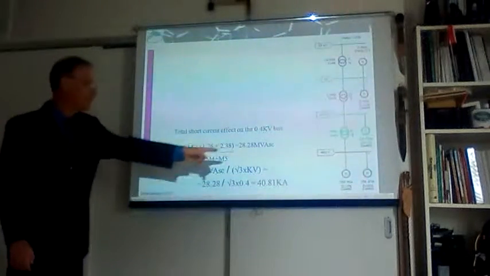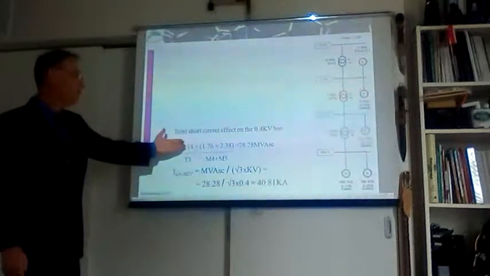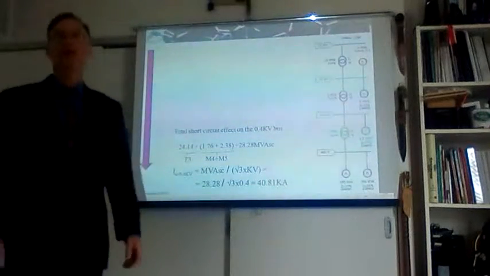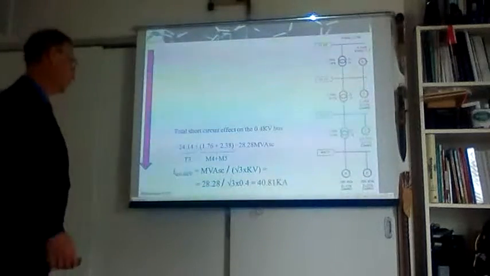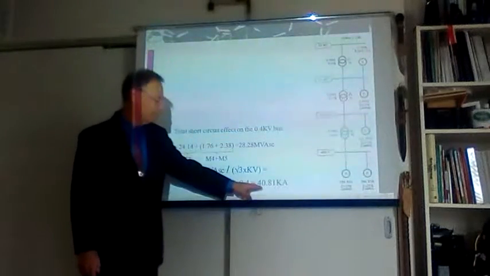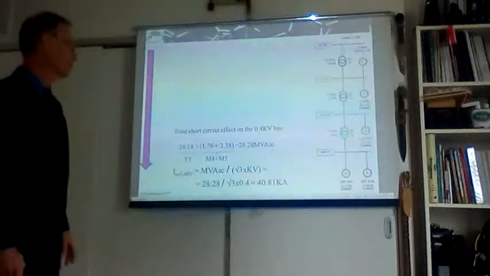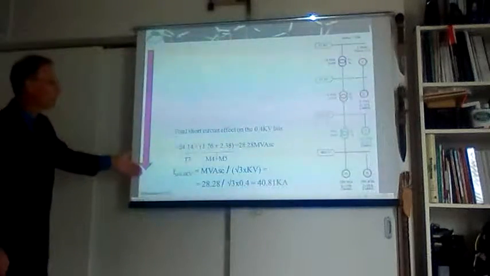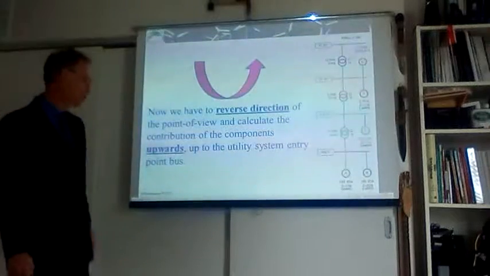The current that we can expect here will be the MVA divided by the voltage multiplied by the square root of 3 due to 3-phase, which tells us that it is 40 kiloamps during a short circuit. All that was going down. Now we are going back up.